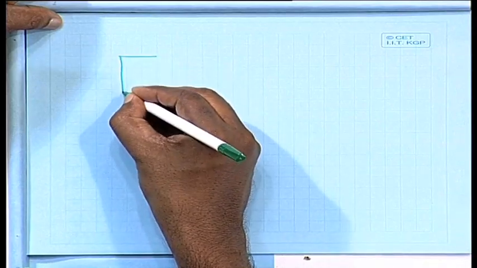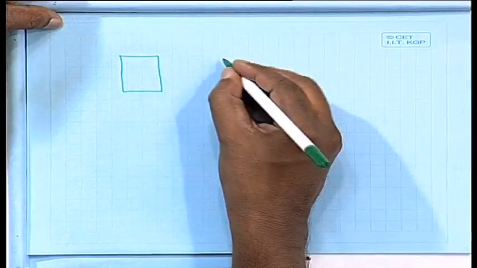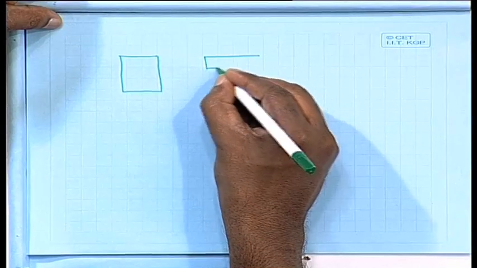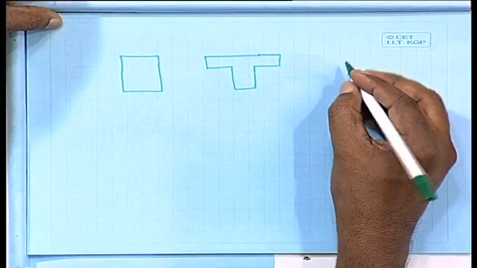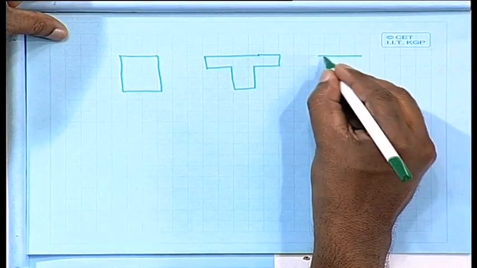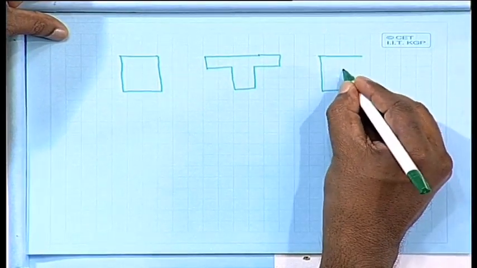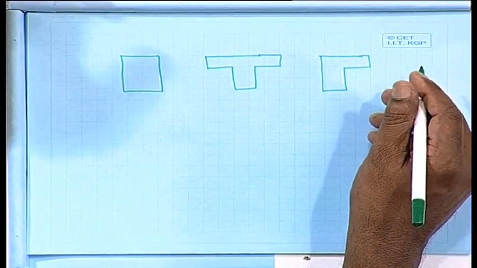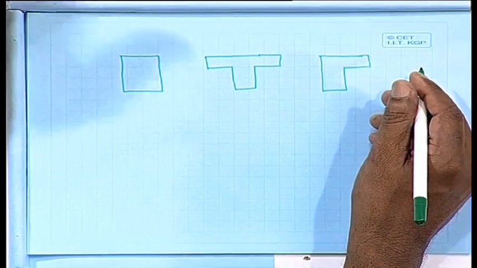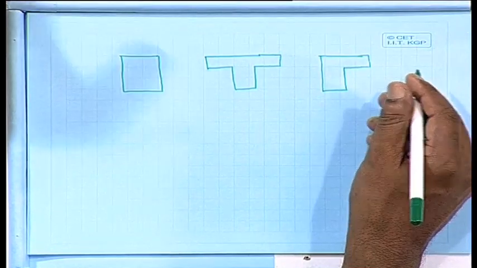This is one part. The second part: not necessarily will your section be a simple rectangular, T beam or L beam. Not like that. Sometimes you have to design a section which may have a different shape.